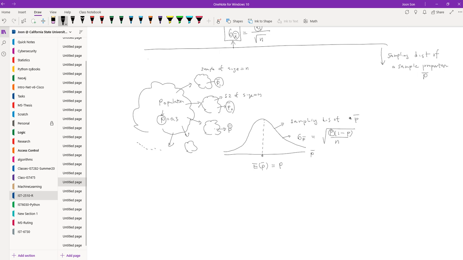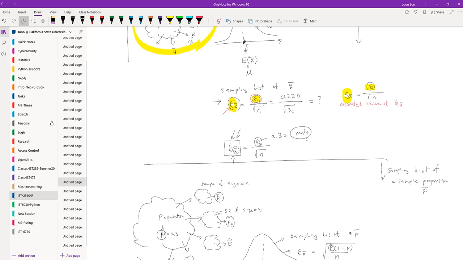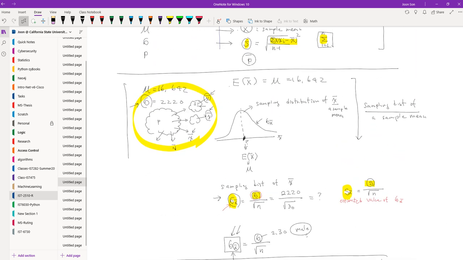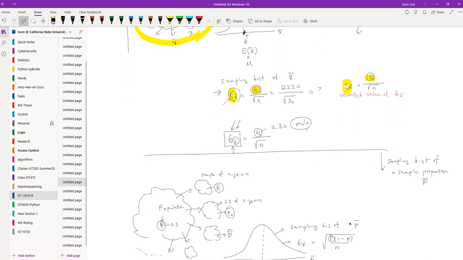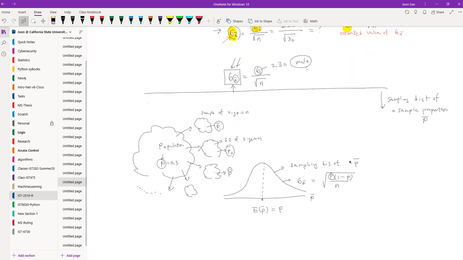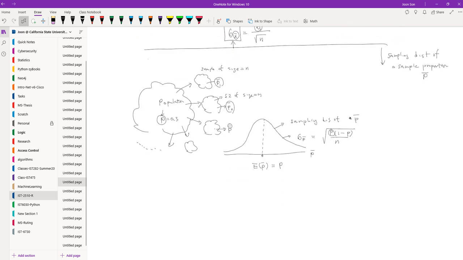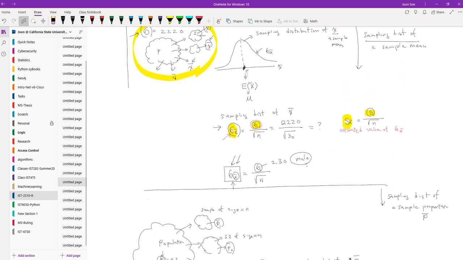However, the problem is just like the sampling distribution of a sample mean. In many cases we don't know the population proportion, just as in our previous case we didn't know the population standard deviation.